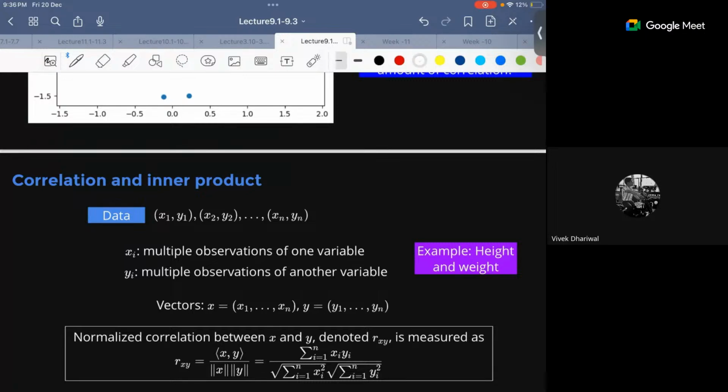Just give me a time. Can you tell me the activity? Yes, sir. Activity 11.4 and question number 2.